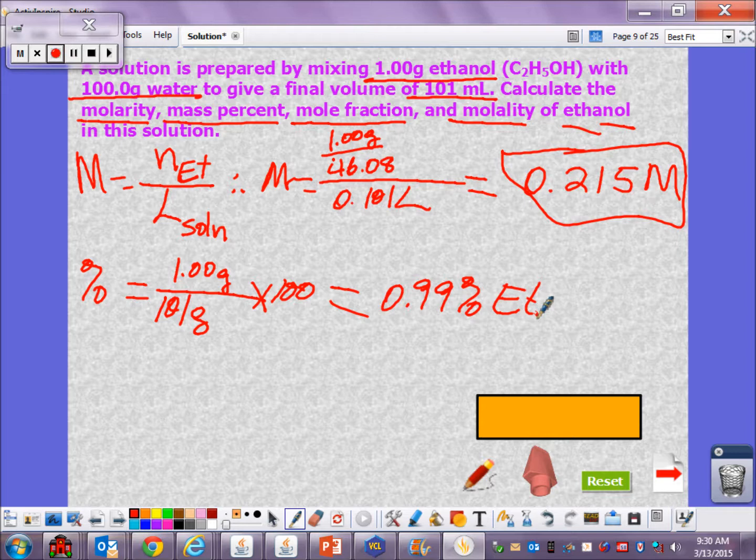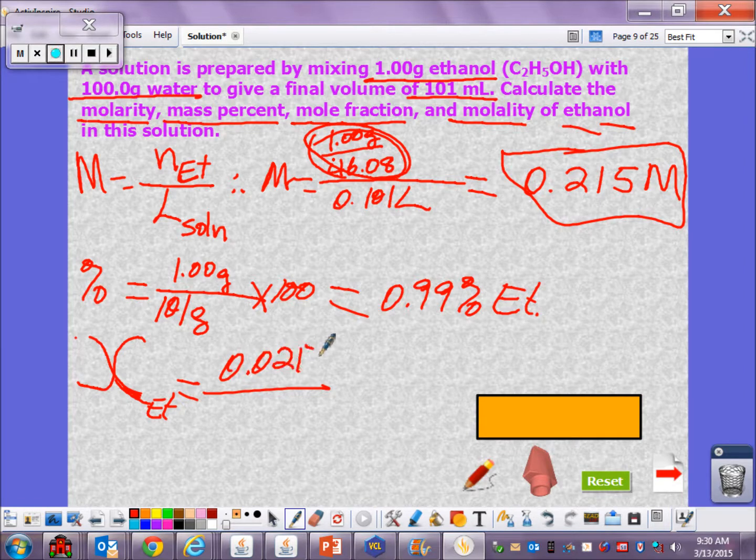Okay, they ask for mole fraction, and the symbol we use for mole fraction is chi, a Greek letter. Chi ethanol equals the moles of ethanol that we already got from here, 0.0217 moles ethanol.